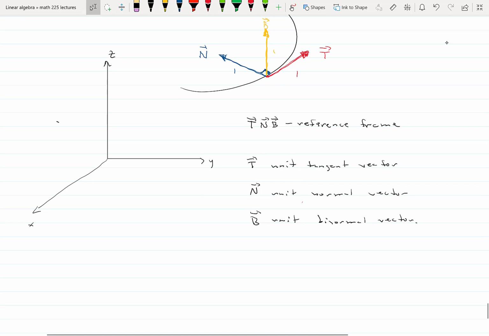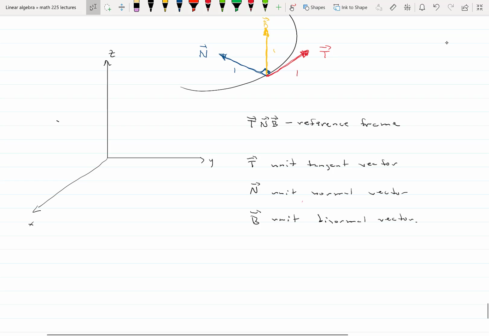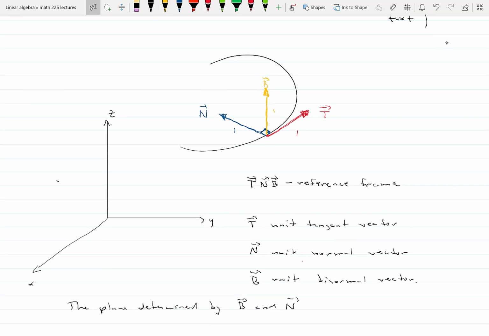But associated with the TNB reference frame are also a couple of planes in space that are changing as I move along the curve. The plane that's determined by B, the binormal, and N. Take a look at that plane. What would it look like? The plane that's determined by B and N would be this plane.